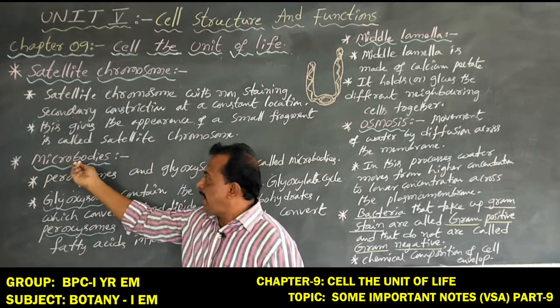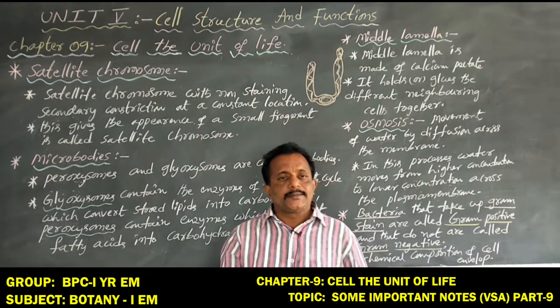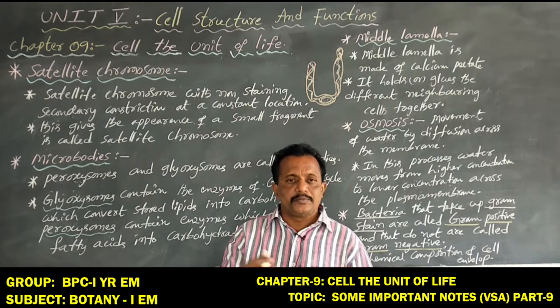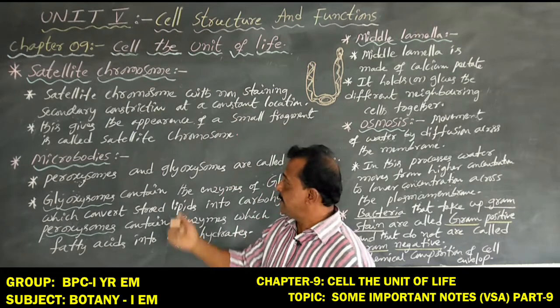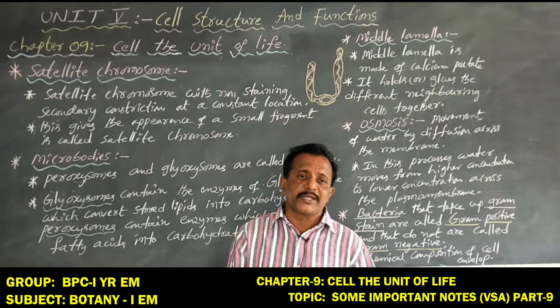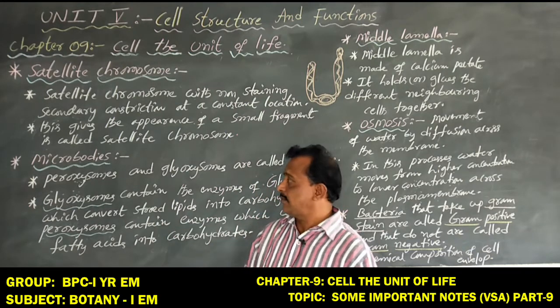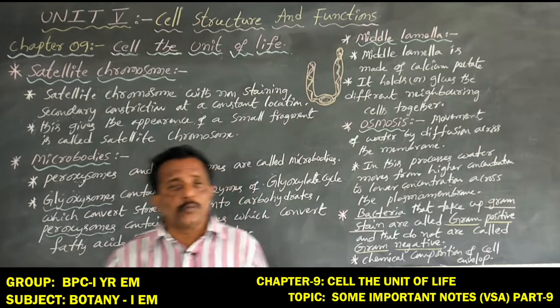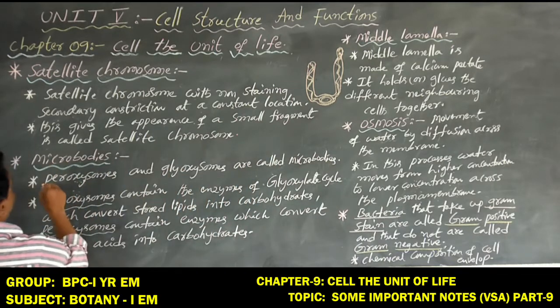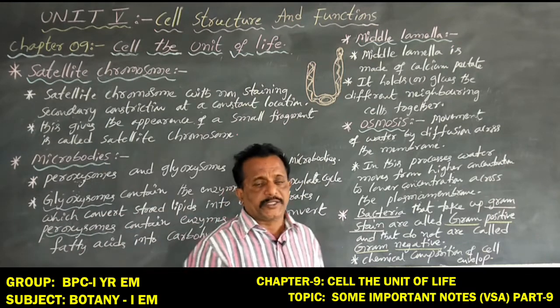Next, coming to microbodies. These are also cell organelles. These are single membrane bound cell organelles. So what are the microbodies? Peroxisomes and glycosomes are called microbodies.